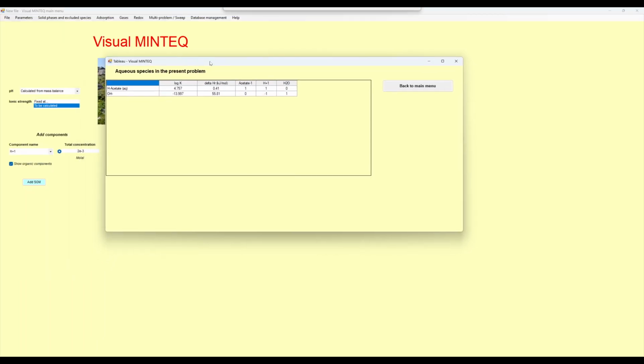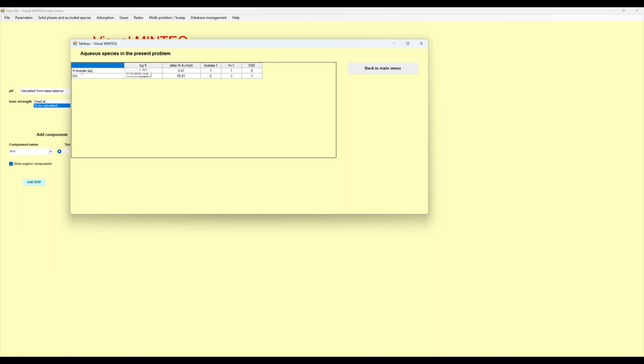For example, H acetate, or this is acetic acid, as I mentioned in the example, this is the way that the software uses the abbreviation for acetic acid, H acetate, instead of HAc that we use in the class normally. So it says H acetate is involved in a reaction that involves acetate and proton.